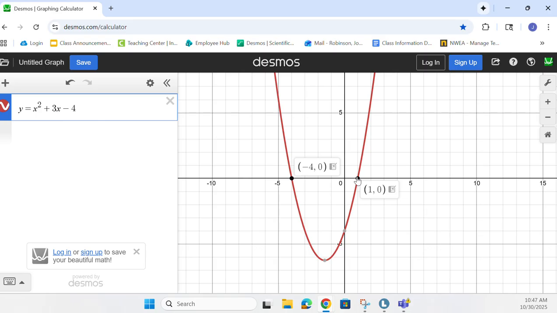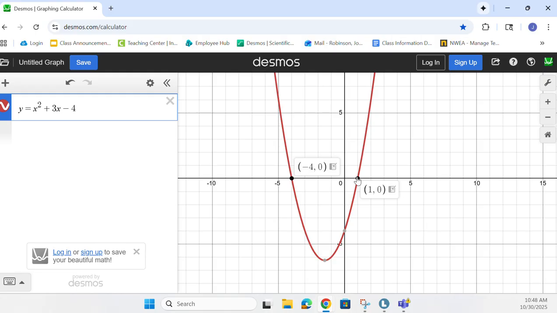It is going to be x plus 4 times x minus 1 equals y. That is the factored form of the quadratic. You'll know the factored form is where you find the zeros for the solution.